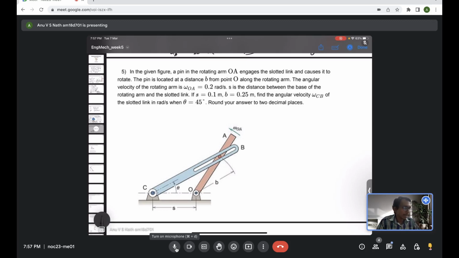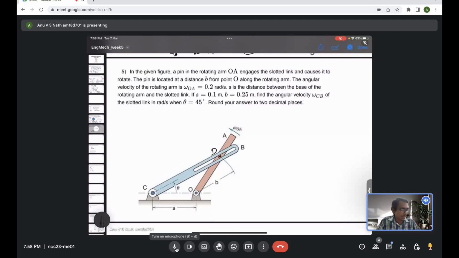Just remember the link OA is rotating about the point O. The link CB is also rotating, but about point C. One of the points in the link OA, let's call it D, has a rotating motion about the point O, as well as a sliding motion and a rotary motion about point C, because that point is actually part of both the links AO and BC.